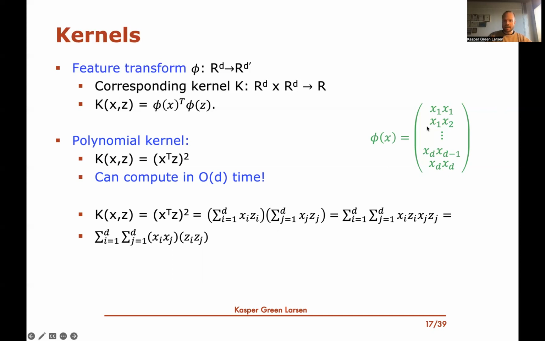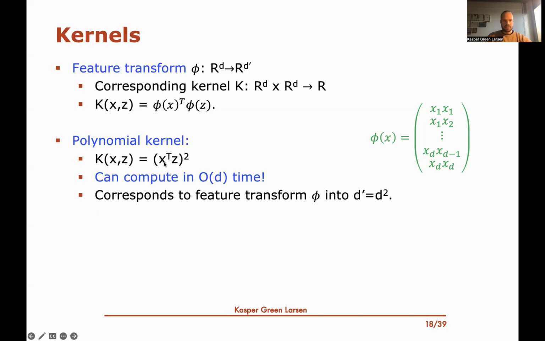Then I have to add up x1 x2 times z1 z2. This corresponds to i being 1, j being 2, and so on. So the inner product of the original vectors squared corresponds to the inner product of the feature transform vectors of x and z, where the feature transform maps any vector to the product of any pair of original features. Nice.